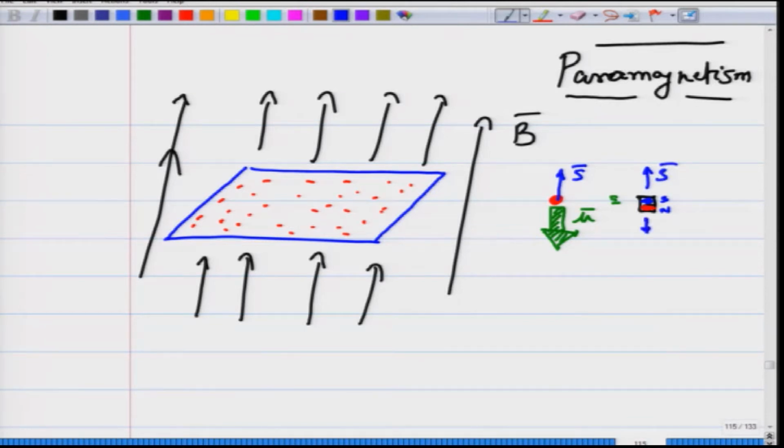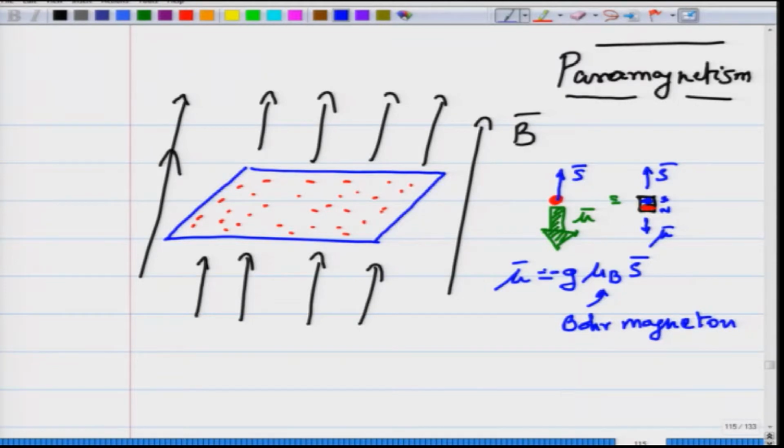So, if the spin is in this direction, the magnetic moment of this electron is opposite to the spin direction, and mu is equal to minus g mu_B into S, where mu_B is the Bohr magneton, because it is opposite to the direction of the spin.